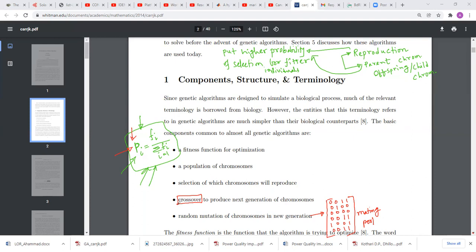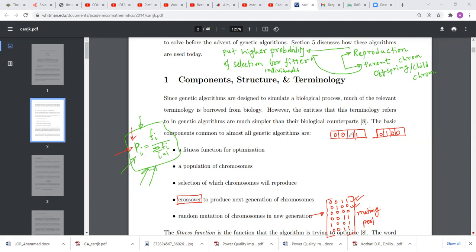Now you see the beauty of the genes. Let's say this is your father and this is the mother. You see, these are the genes, individual locations.